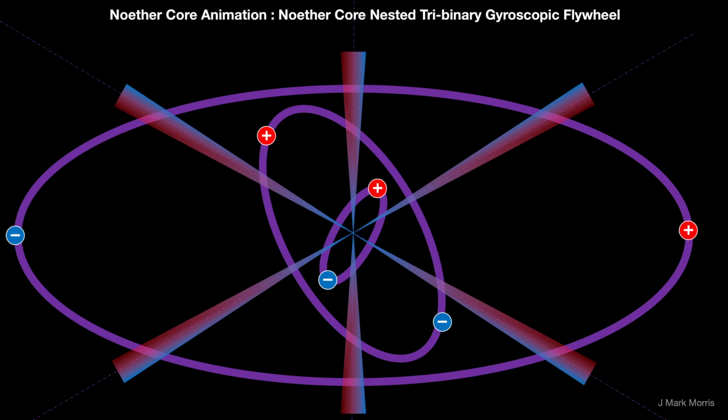Sometimes these triply nested binaries are used more than once in some particles, like a photon has two. Space-time and fermions each have one Noether core. I named these nuclei, these triply nested binaries, after Emmy Noether, who did a lot of work in this area. So it seems fitting that this assembly should be named after her.